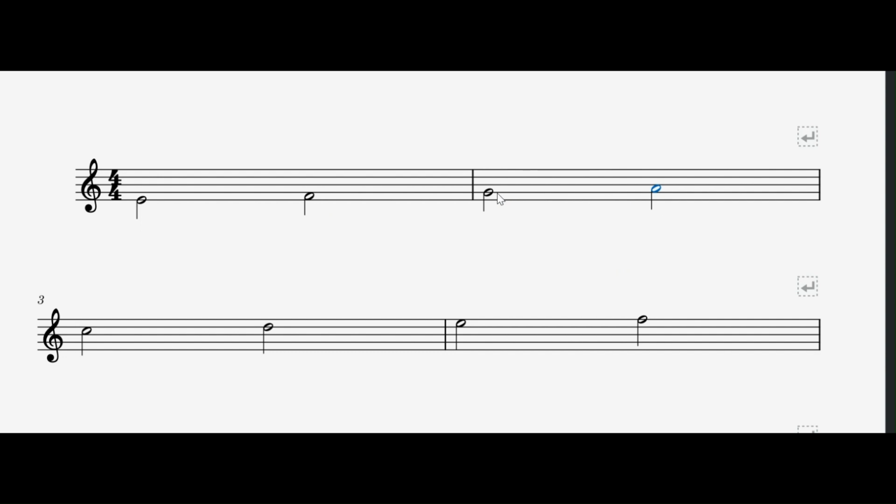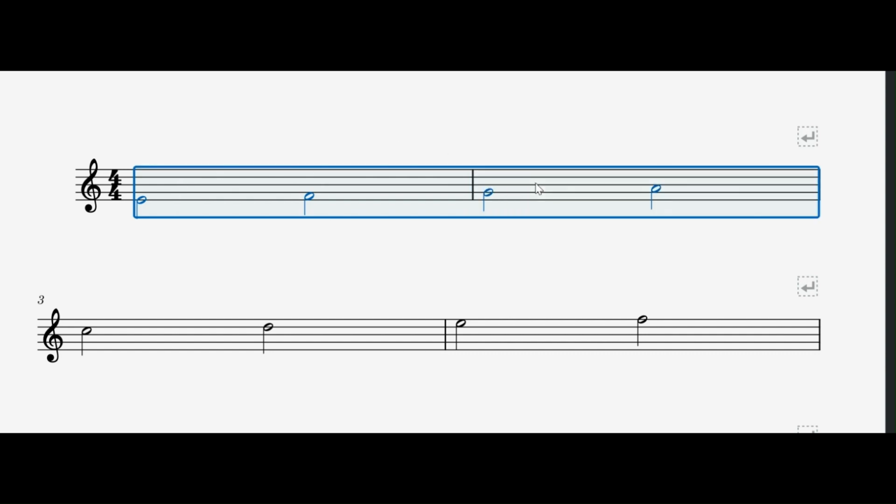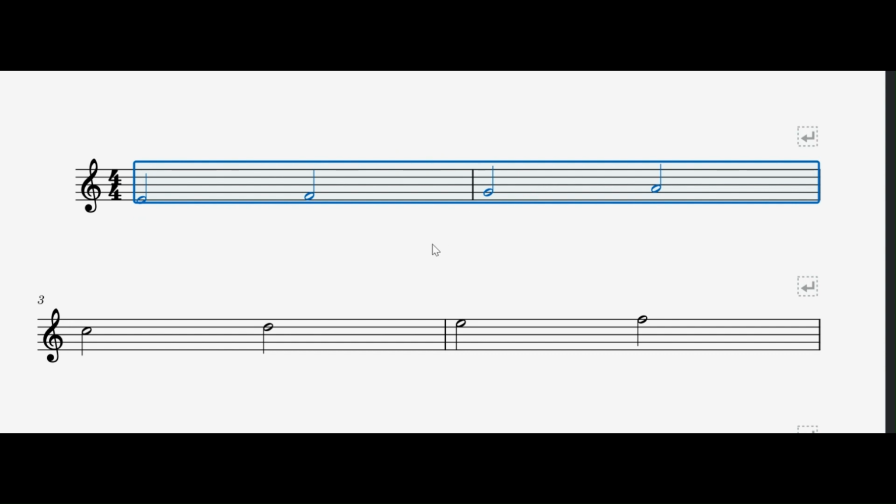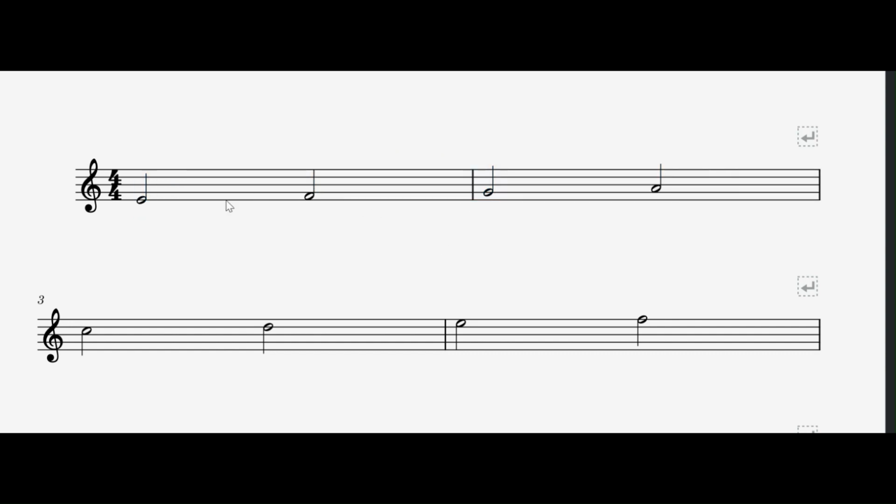So the only way to make these low notes stem not jut out of the stave itself is by turning them the other way. The stems must be within the stave. So once again, any note that is below the middle line, your stems are up and they're on the right side of the note head.